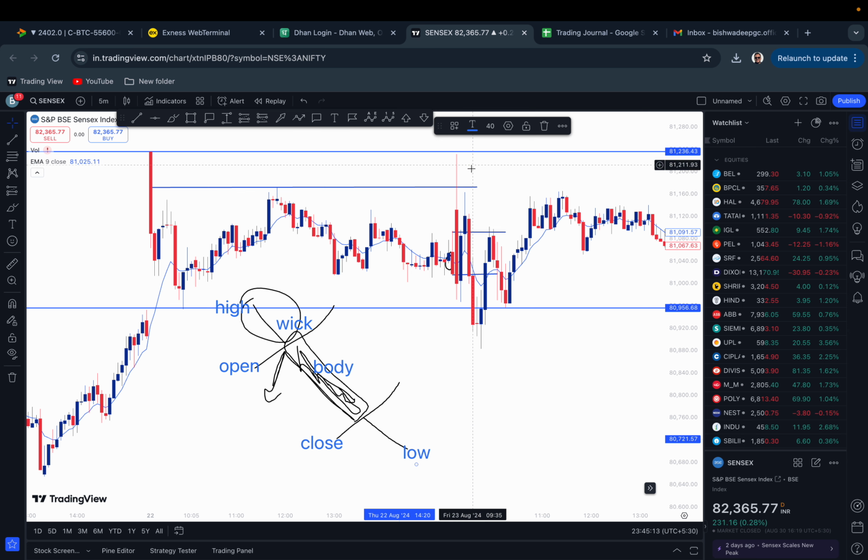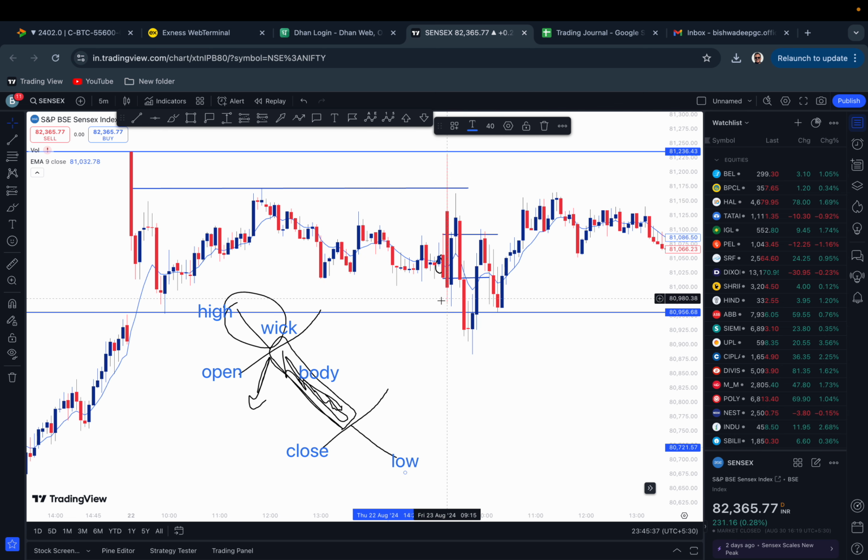So this is the point where it touched the high of the previous day's highs as well. And it came down to its lowest position at 80,971. This is the lowest, and the opening price was 81,132, and the closing price of this candle is 81,000.